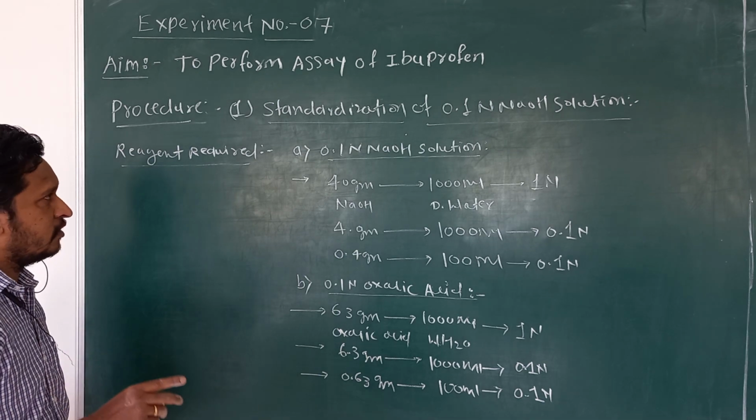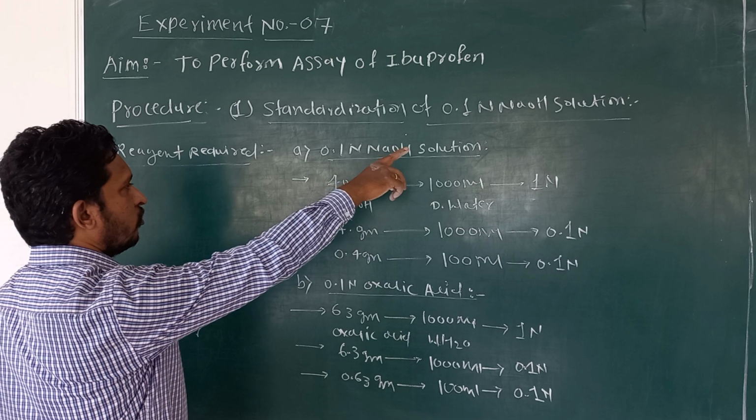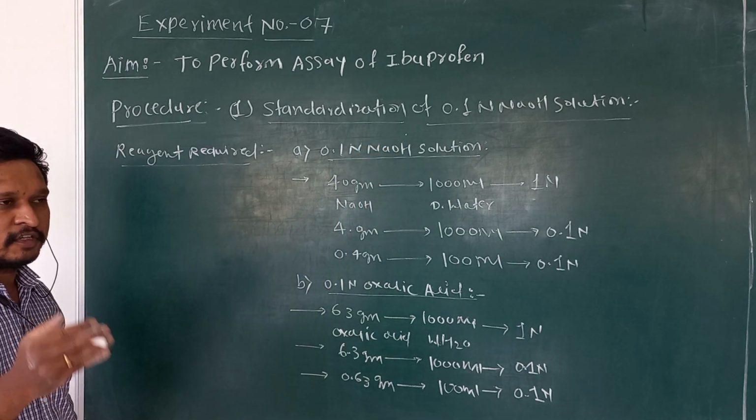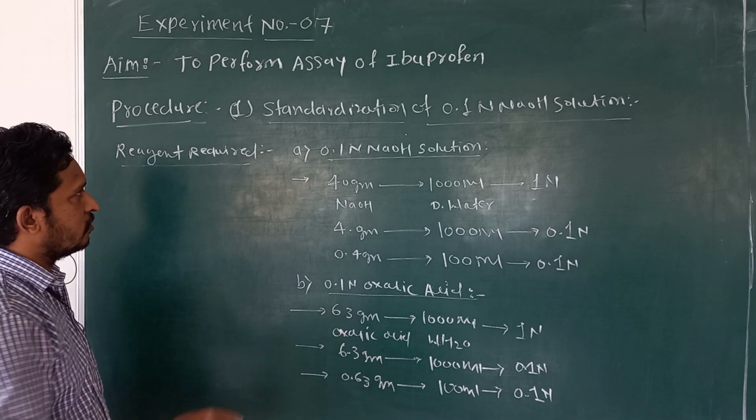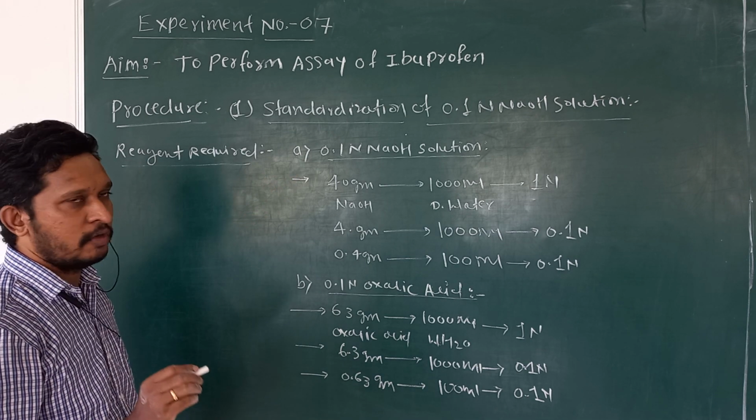The first part is the standardization of 0.1 normal NaOH solution. After that, the next part is the assay of ibuprofen. First of all, we will discuss the standardization of 0.1 normal NaOH solution.